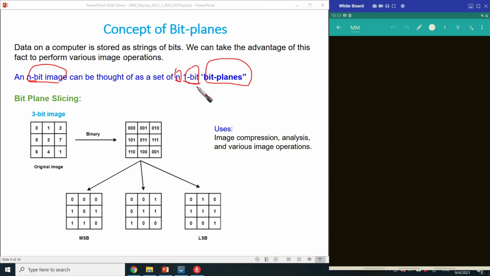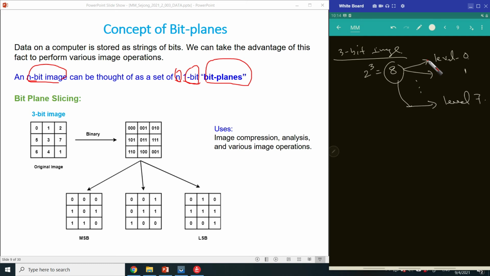Now this 1-bit image, how does it look? Let's say a 3-bit image. We already know that a 3-bit image means we have 2 to the power 3, so possibly 8 different gray levels. We can identify these 8 different gray levels as level 0, level 1, and in this way up to level 7, because from 0 to 7 means 8 different levels.